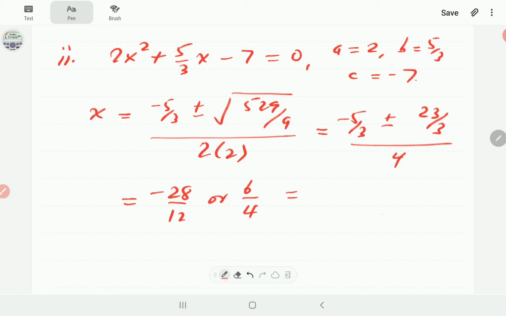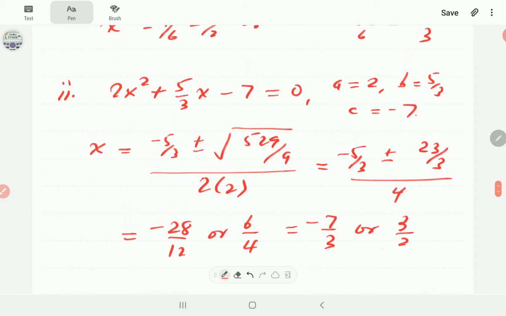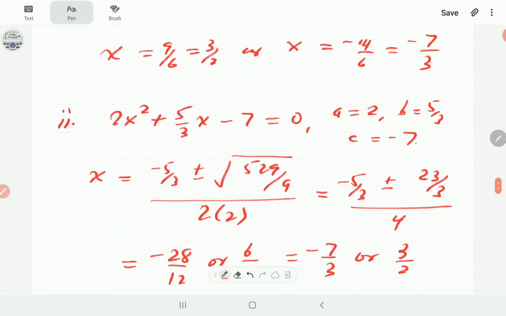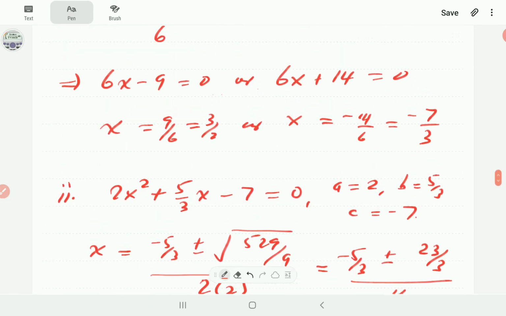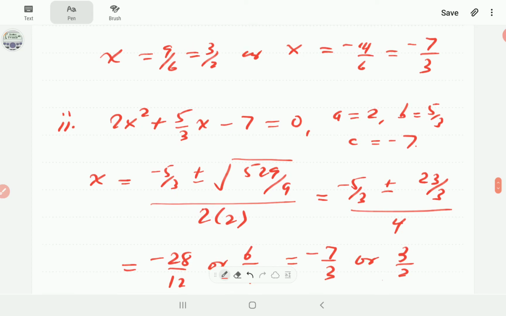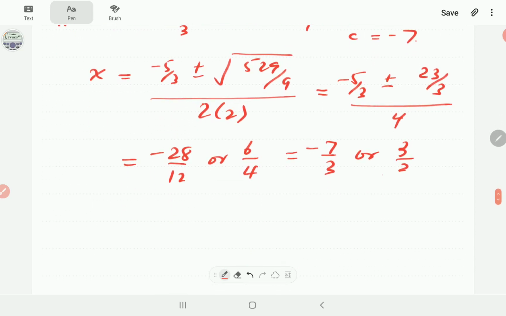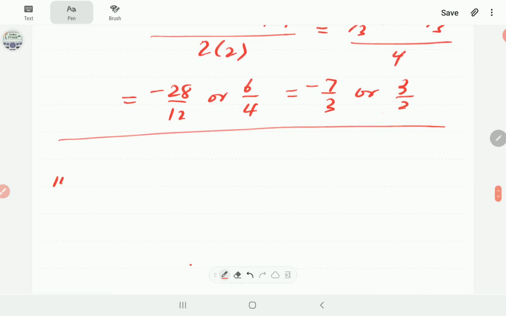So negative 28 over 12 is negative 7 over 3, and 6 over 4 is 3/2, which is exactly the same as the two answers we got. Just note how much shorter this one is. Then in part 3, we're going to do the method of completing the square.